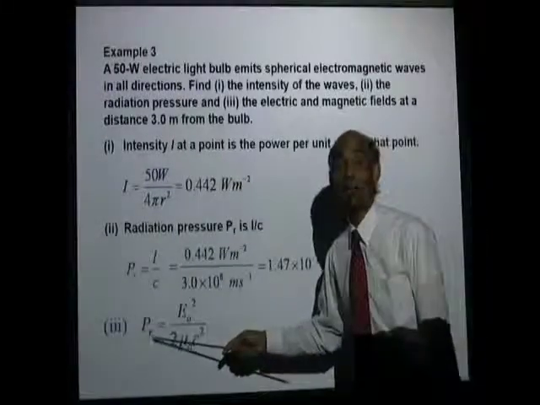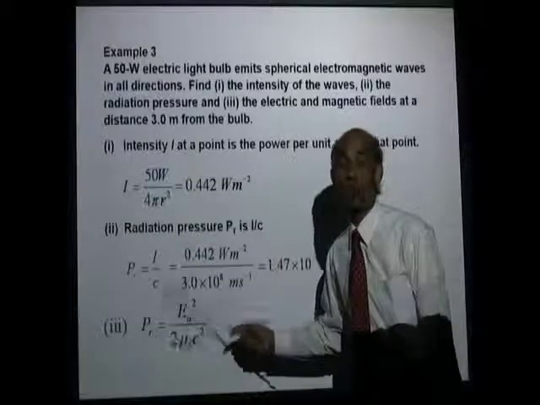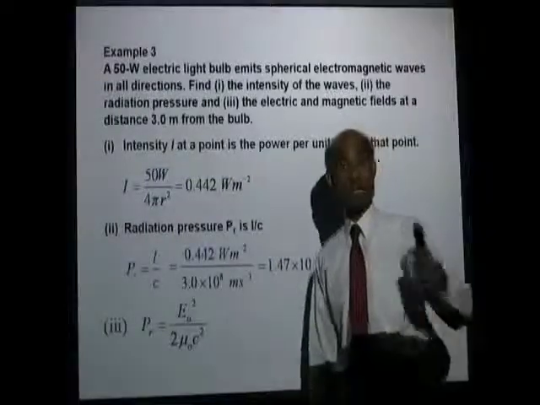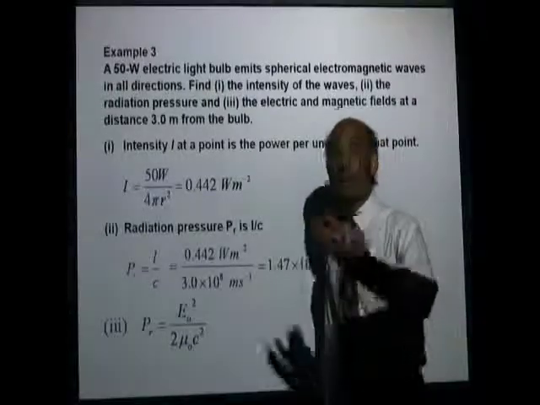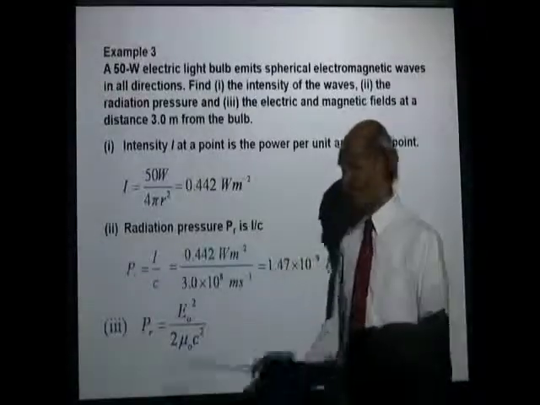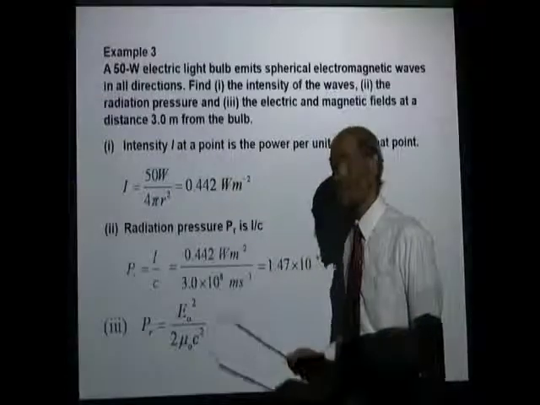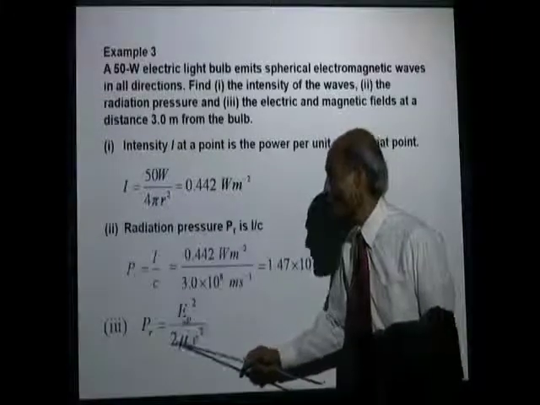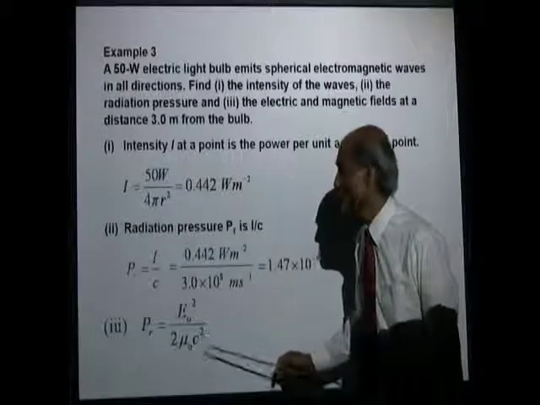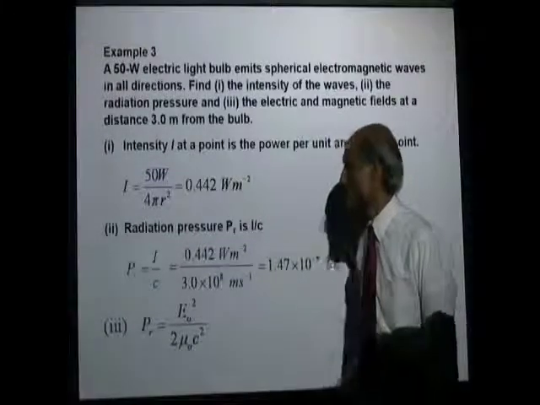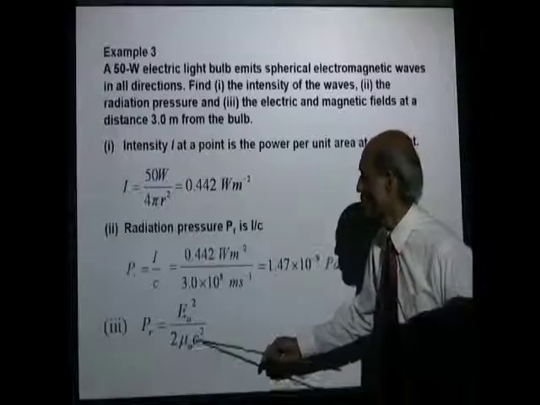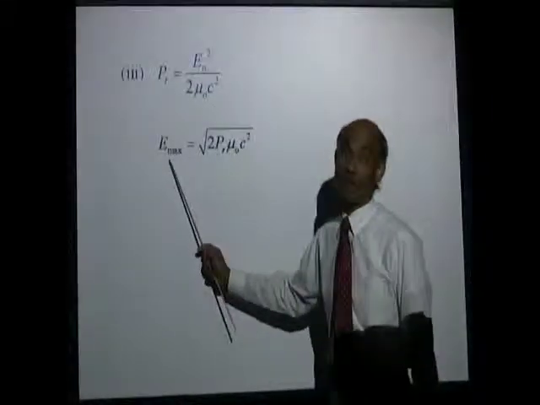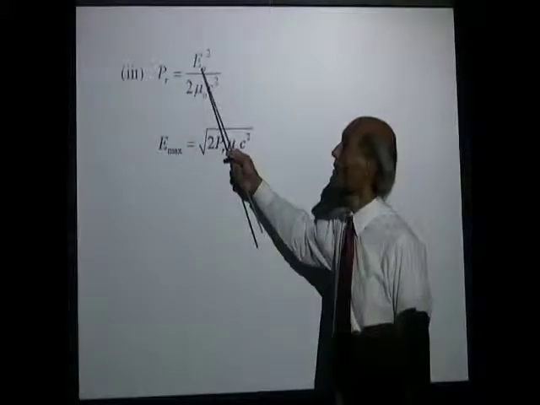And for that we select this equation. We had obtained several equations for the radiation pressure in terms of electric field and in terms of magnetic field. So we are now going to use the equation in terms of electric field. P_R is E0 squared divided by 2 mu 0 C squared. And we know all these values. Therefore, E max, well, E max is the same as E0.